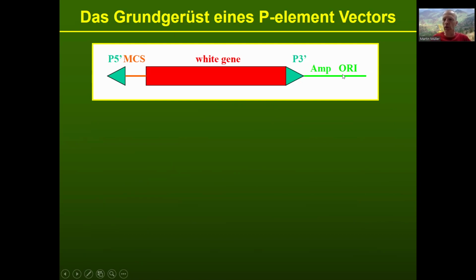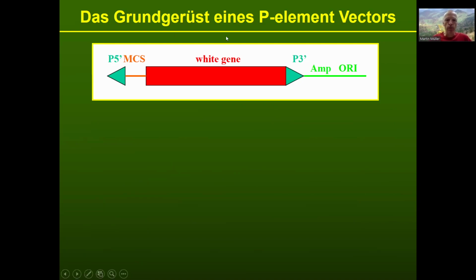Kanamycin is also possible, and an origin of replication. So these green parts here, you need to manipulate the P element vector in bacteria, because you want to clone your DNA of interest in here, the multiple cloning site. Here you will insert your DNA of interest by using restriction enzymes.